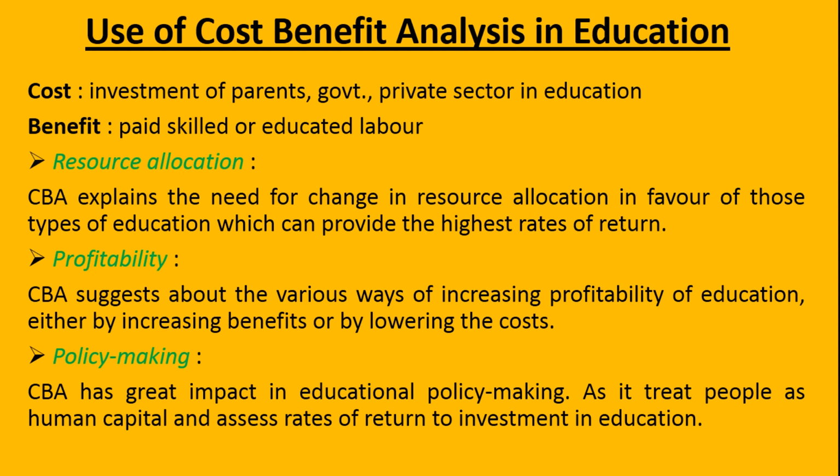Cost benefit analysis explains the need of resource allocation in education which can provide the highest rates of return. Next is profitability. Cost benefit analysis also suggests various ways of increasing profitability of education, either by increasing benefits or by lowering the costs.